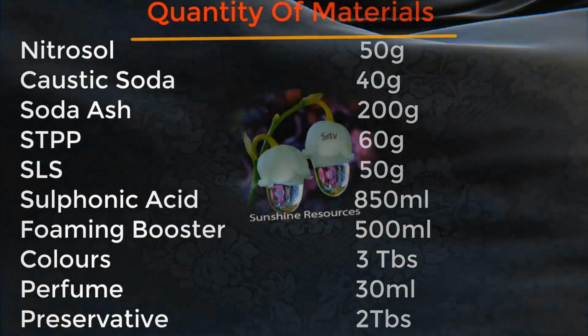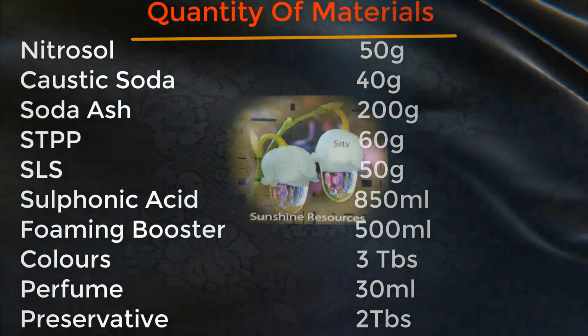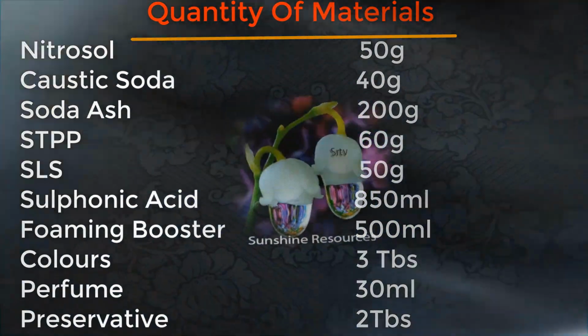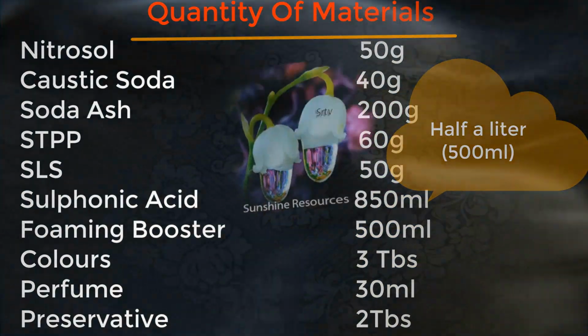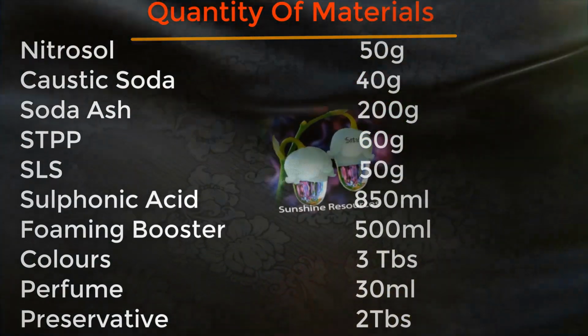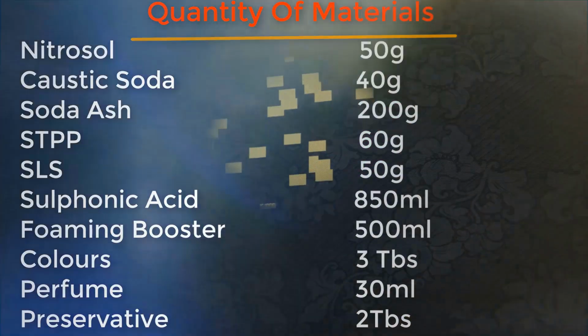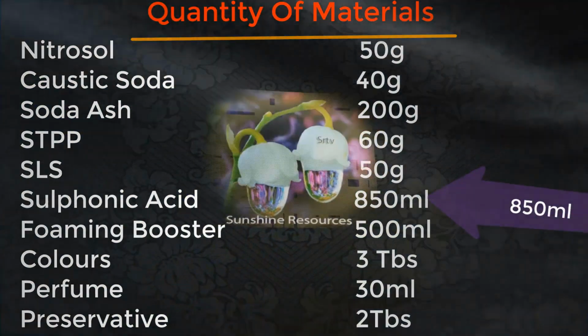Now you will notice that in our previous videos, to produce 15 liters of liquid soap, we use half a liter of sulfonic acid, which is 500 ml. In this particular preparation, in order to improve and boost the foaming power of our liquid soap, we're using 850 ml of sulfonic acid instead of 500 ml.